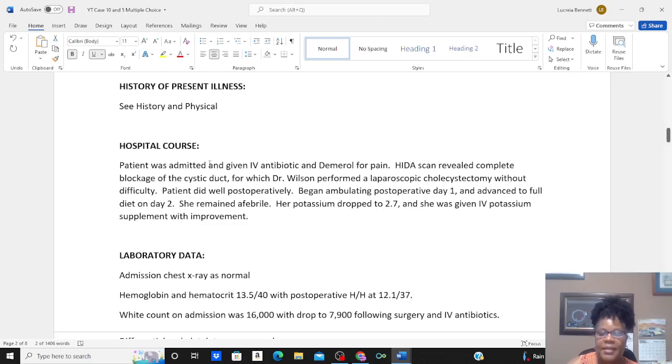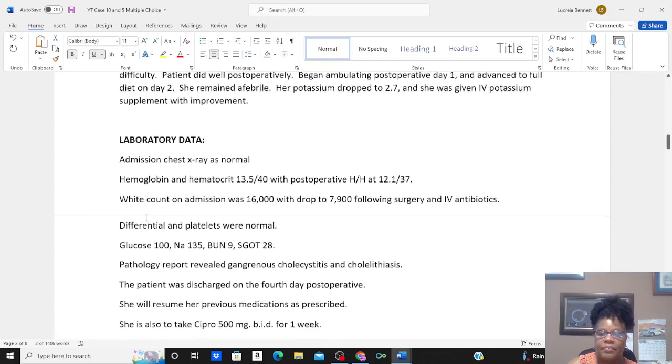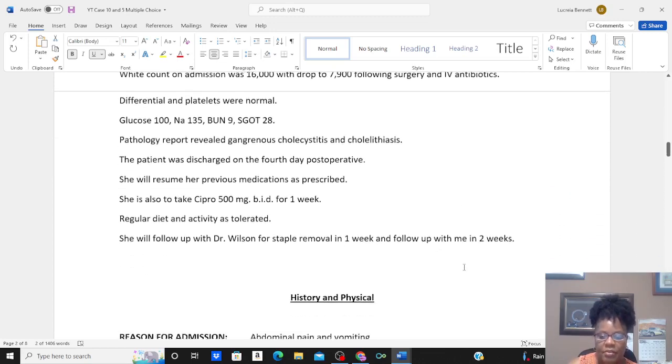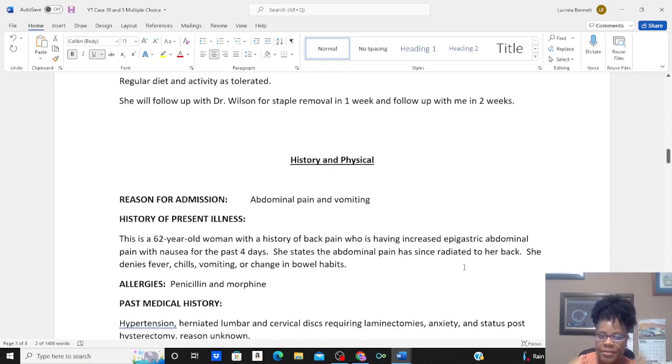There's the hospital case. Look at all this lab. Chest x-ray, hemoglobin hematograph. Pause the video as you need to. That was the discharge summary.